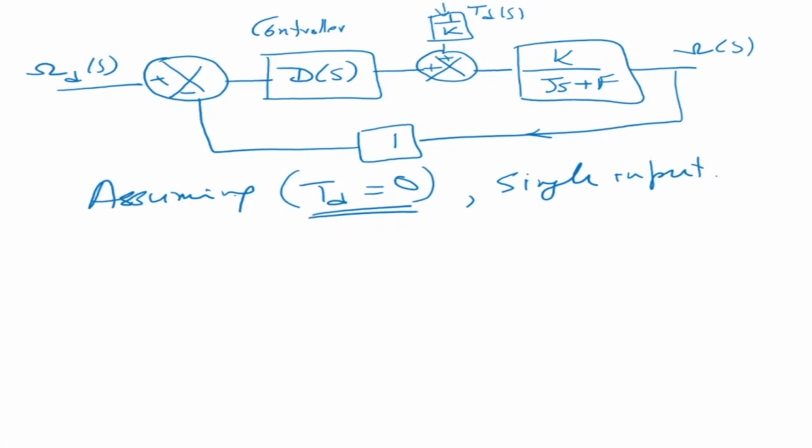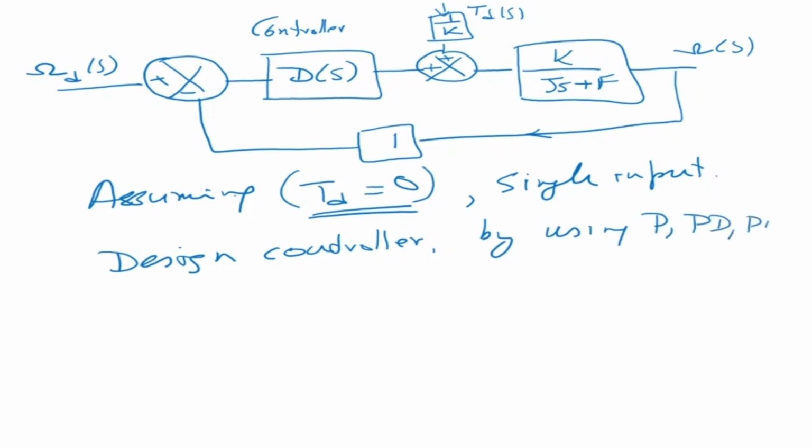Now what we do is we design the controller by putting different controllers, using first a P controller, then a PD controller, and then a PID controller, and then we observe the effects.